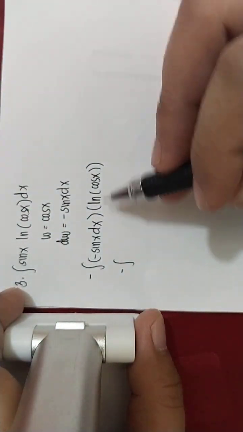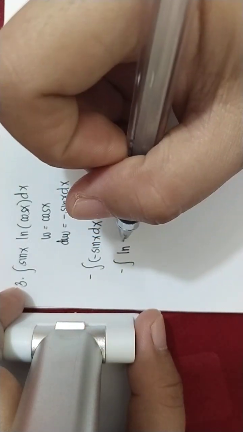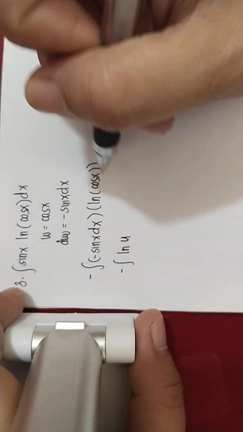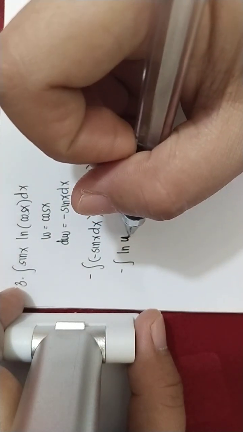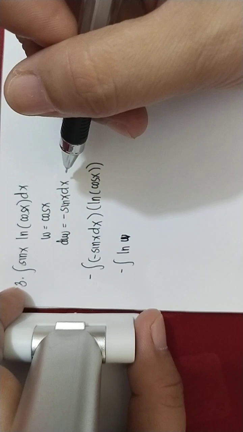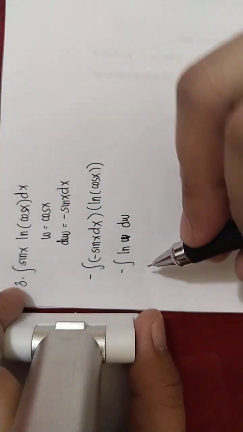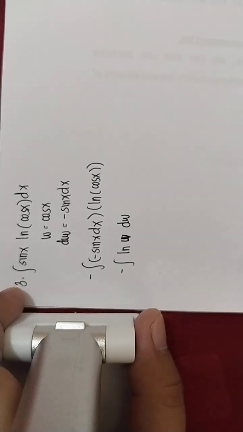So if we're going to rewrite it, actually commutative naman, pwede magkapalit. Pwede kong sabihin na I have ln of w dito kasi your cosine is w, and then this one naman, that will be a dw. Okay, so it involves ln of w and dw.